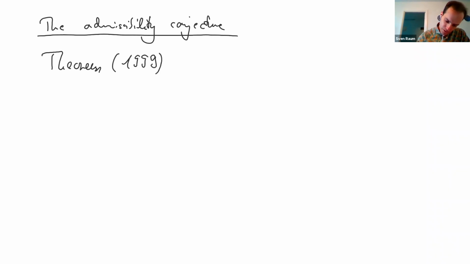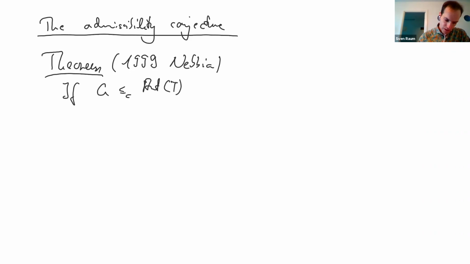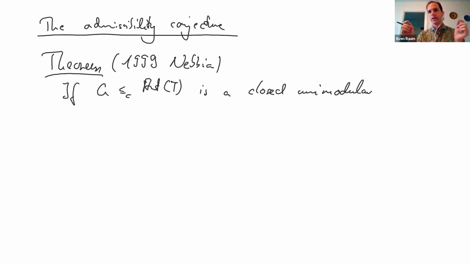So what Nebbia proved in 1999, Claudia Nebbia, who worked a lot on groups acting on trees. So if G is closed in Aut T, closed, unimodular, meaning that the modular function is trivial, like your standard Haar measure is left and right invariant.